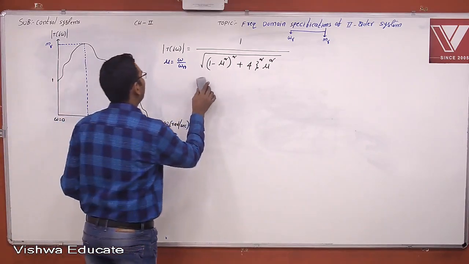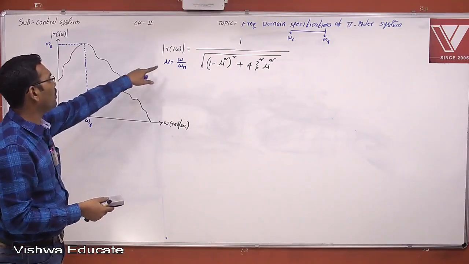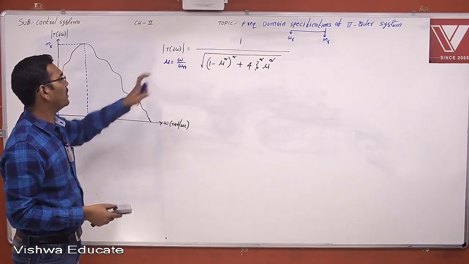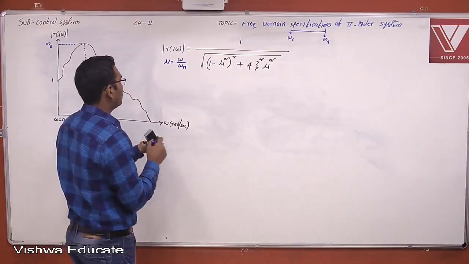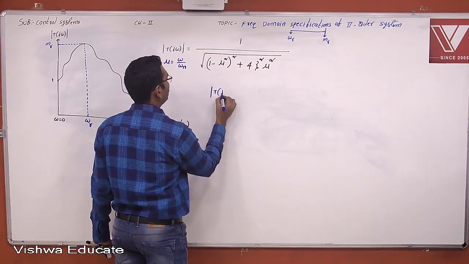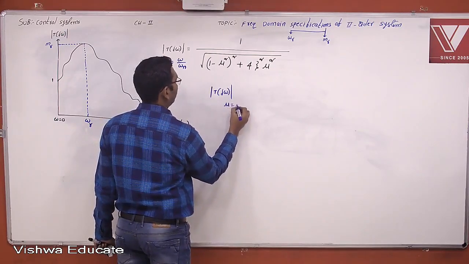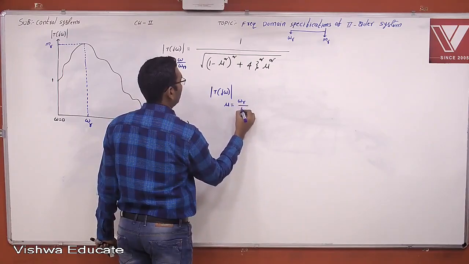So now I want first mu r, right? Omega r by omega n is nothing but mu r. Here I want omega, therefore you replace with mu r. Therefore can I write like this? Then magnitude of T of j omega, now here you replace mu r, which is nothing but omega r by omega n.